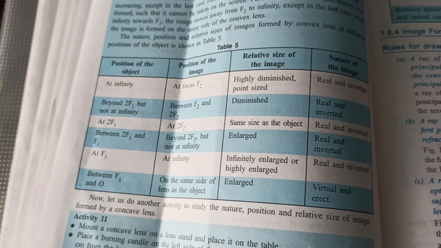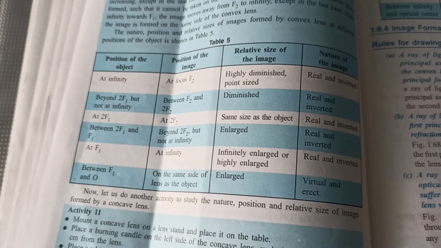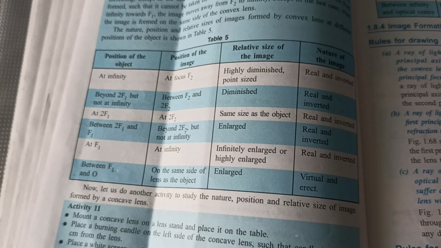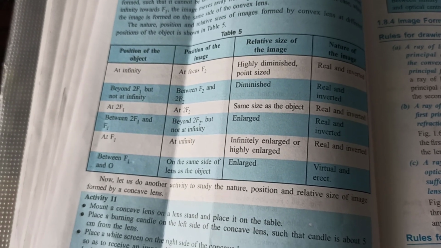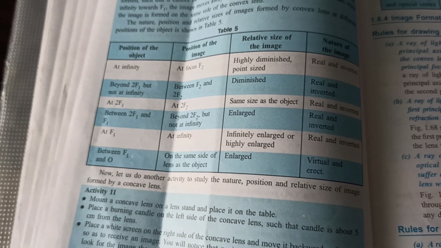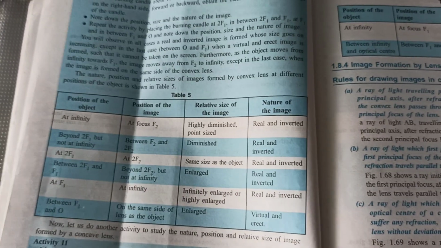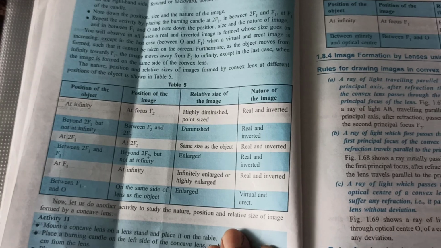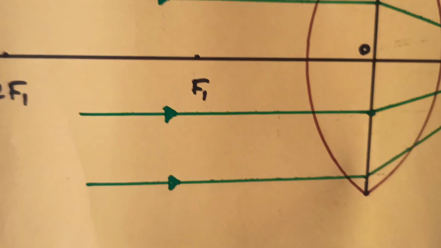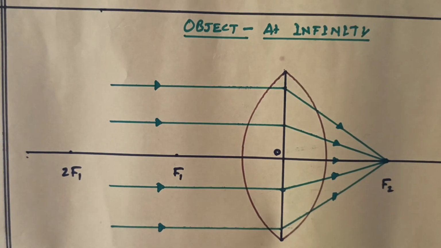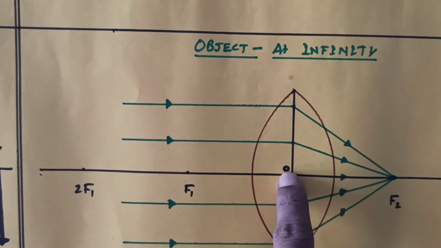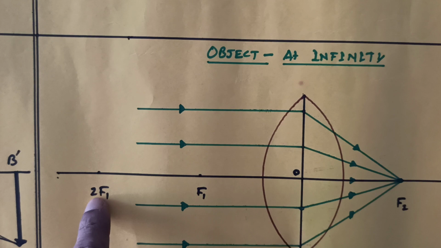Now first we'll discuss when the object is placed at infinity, then what is the position of the image, what is the relative size of the image, and what is the nature of the image. You can see this O is the optical center, this is F1, F2.